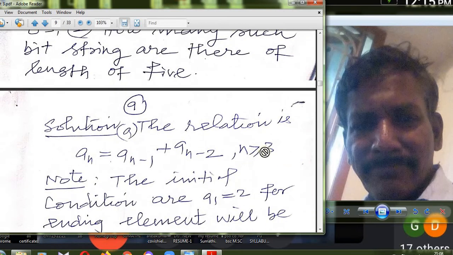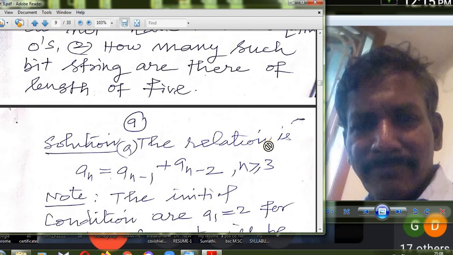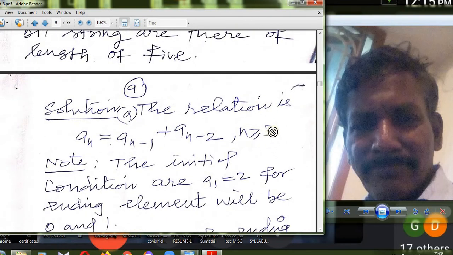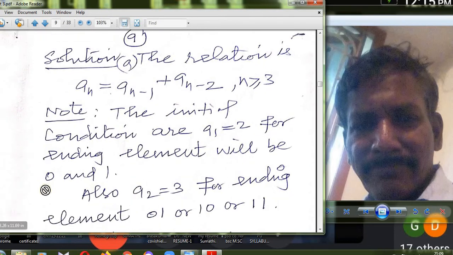Now the recurrence relation is given by this one: an equals an minus 1 plus an minus 2 for n greater than or equal to 3. This is the recurrence relation. The initial conditions are a1 equal to 2, for the ending element being 0 and 1.